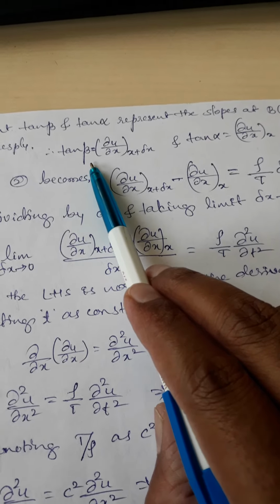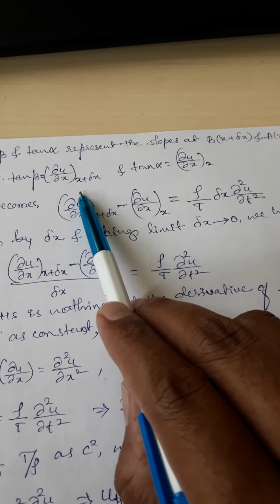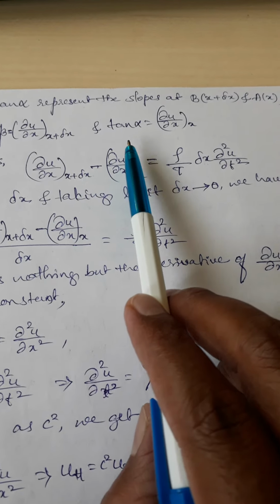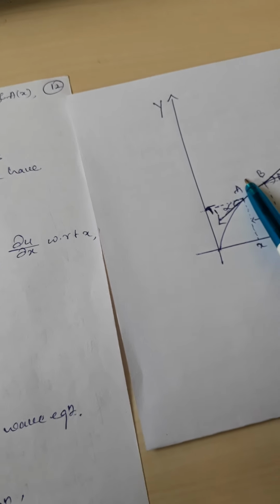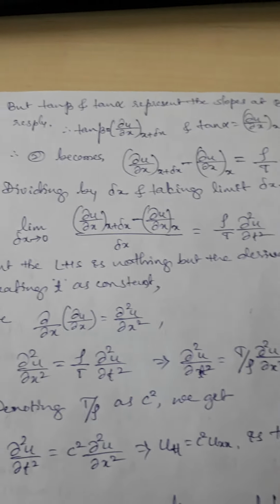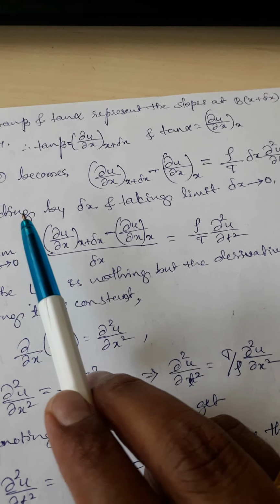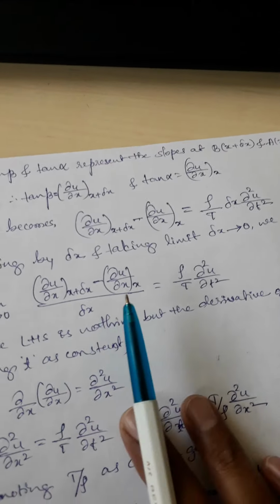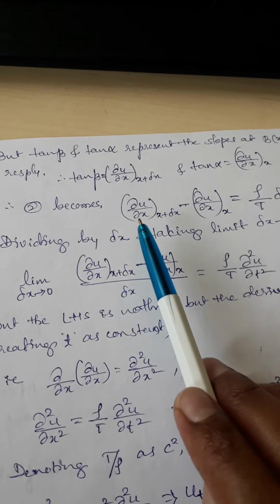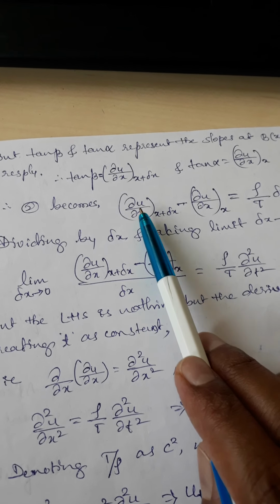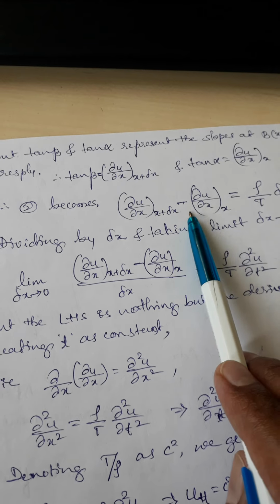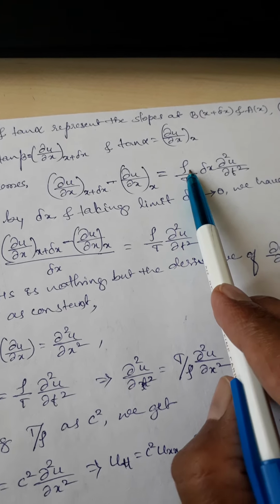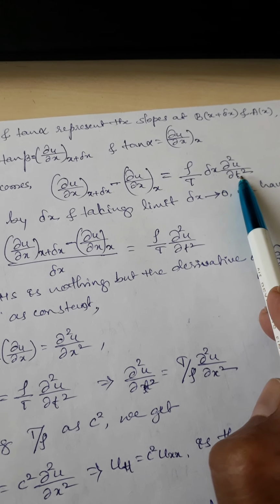Therefore, tan beta equals ∂u/∂x at the point x plus delta x, and tan alpha equals ∂u/∂x at the point x. So our equation number 2 becomes ∂u/∂x at x plus delta x minus ∂u/∂x at x equal to rho by T delta x ∂²u/∂t².